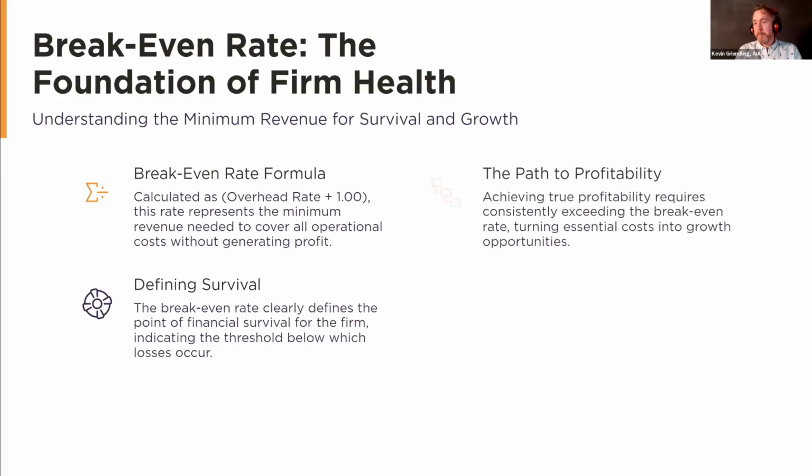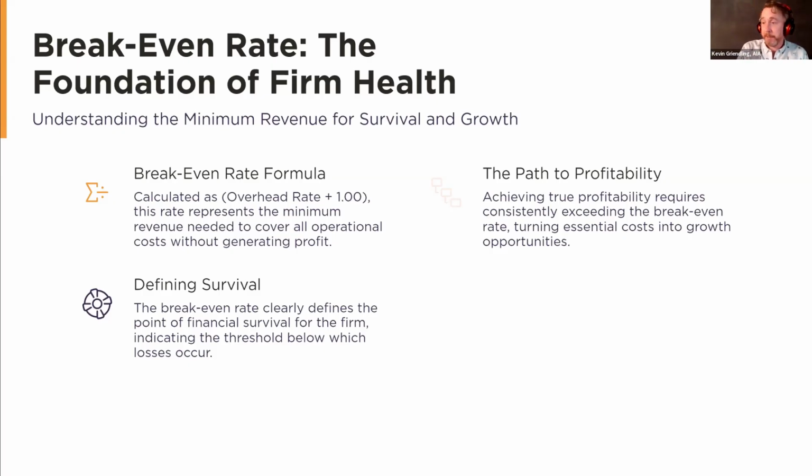Profitability is defined by this break-even rate. So your firm leadership will be playing around with and meet over and discuss what does our staffing look like? How much admin do we have? Are we meeting our utilization, or what is our utilization, and are we meeting our realization goals? And even things like, are we using the right software?